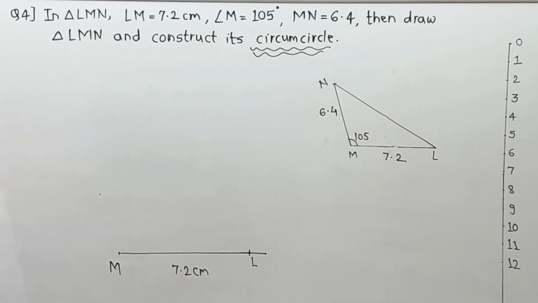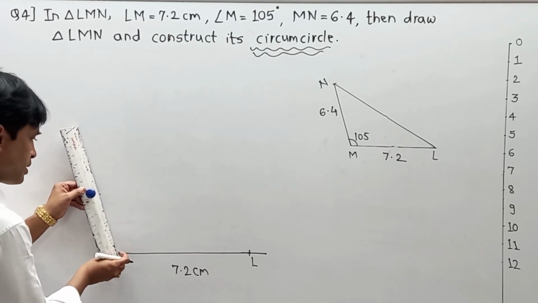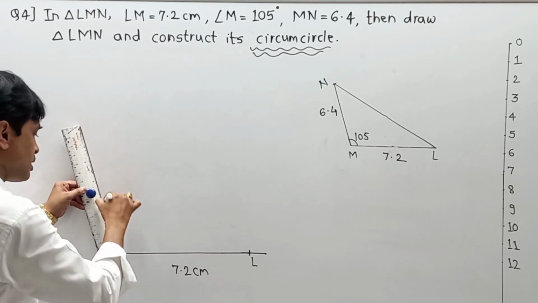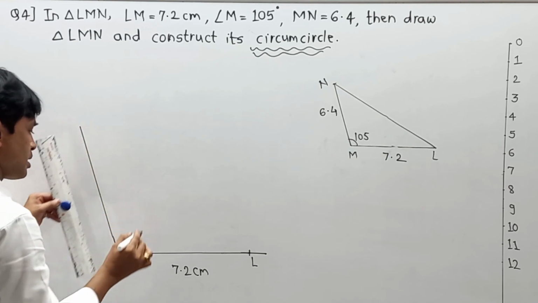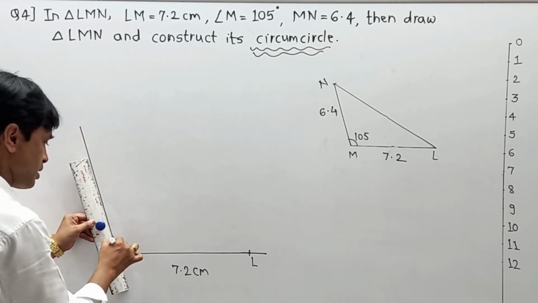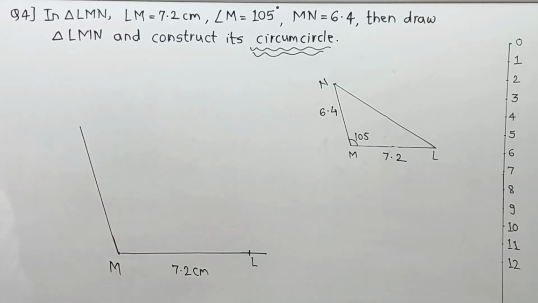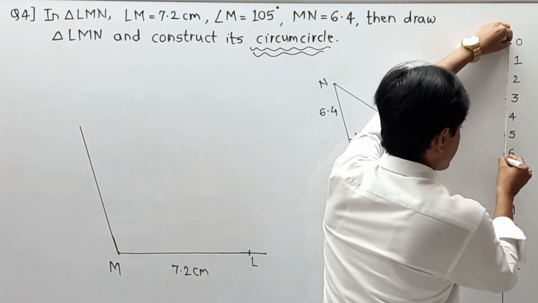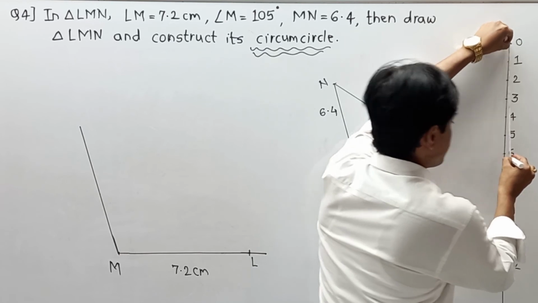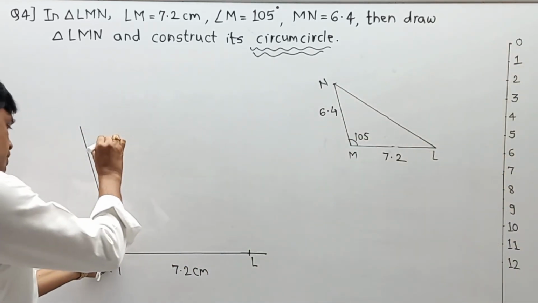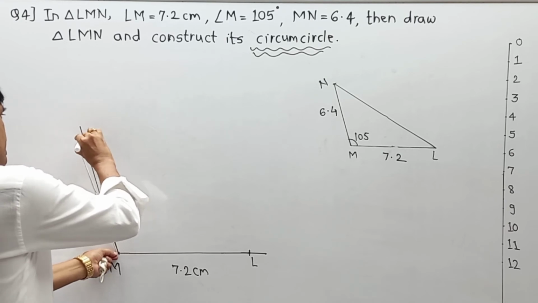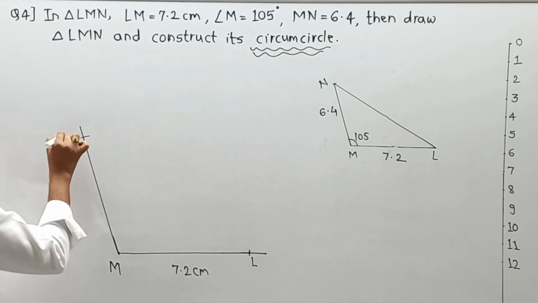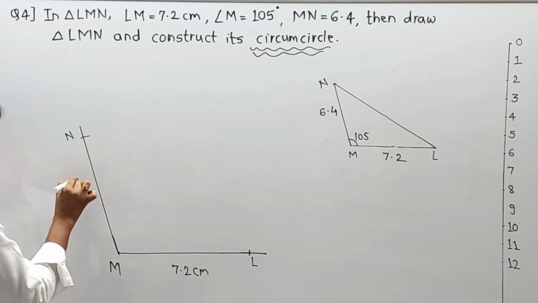Now in the second case, we are going to draw M to N, 6.4 centimeter. Now, you have to take a distance from M to N, that is 6.4 centimeter. So, here N, and this distance is 6.4 centimeter.